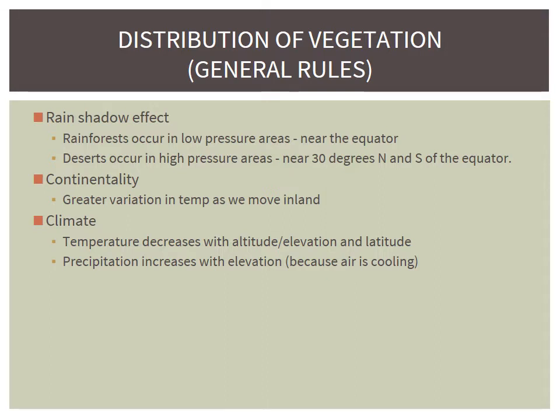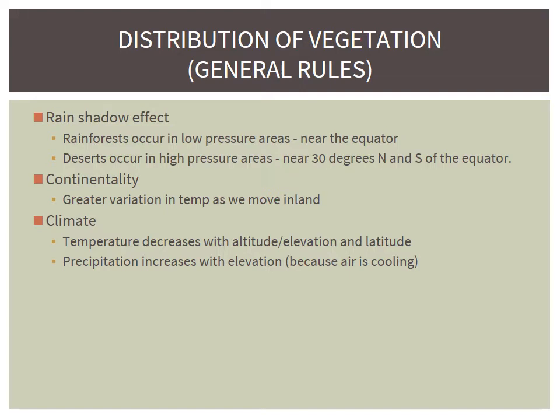Okay, and then when it releases that moisture, that's what we see as precipitation on the windy side of a mountain chain, or the windward side of a mountain chain. So all of the areas where you see great green patches on one side of a mountain and then a dry desert or a more semi-arid area on the other side, you're basically seeing which way the wind is carrying precipitation.